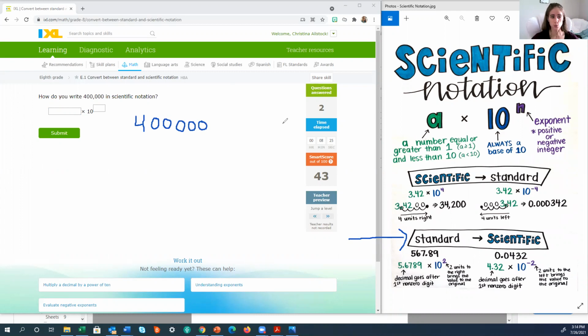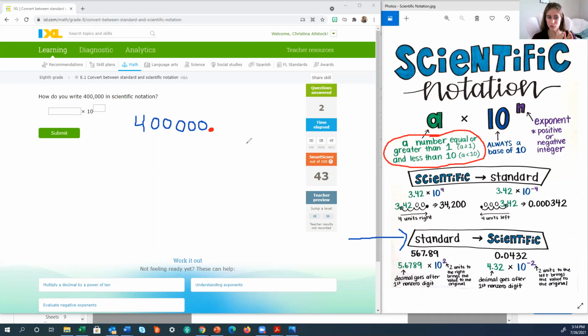Now, we need to move our decimal point so that our number falls between 1 and 10. So first off, where is our starting decimal point? Yeah, you can't see it. We need to add it, and it's at the very end. All right. Which way am I going to move it?